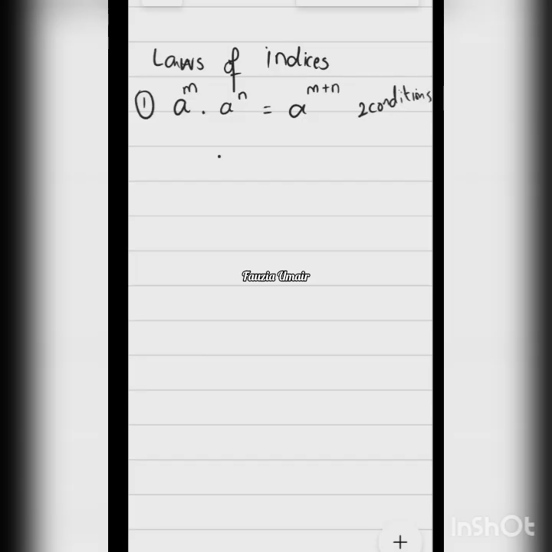If the base is same, so हमने पहले पढ़ा है कि एक्सपोनेंट में एक चीज बेस होती है और एक क्या होता है उसका पावर होती है. If the base is same and there is a multiplication sign, so we need to add the powers. For example, if there is 2 raised to power 3 and there is 2 raised to power 2, what would be the answer?